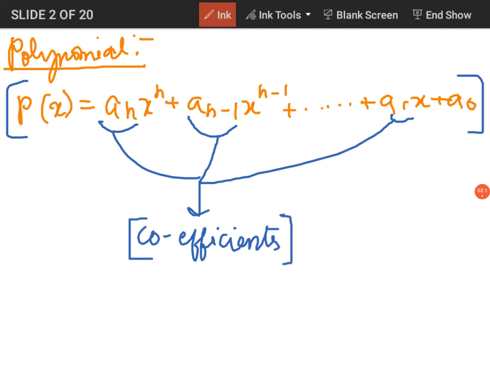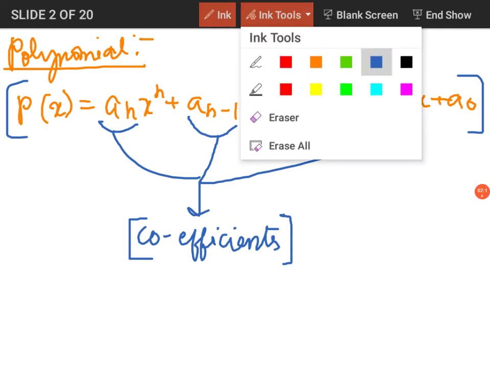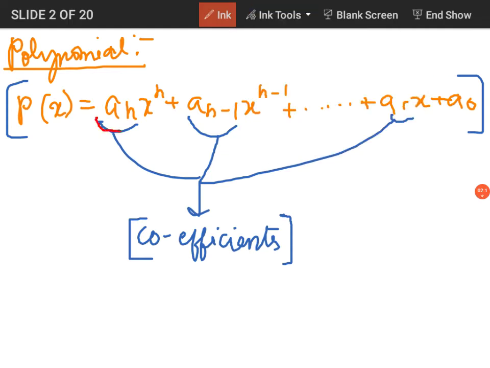So I hope that you understand what coefficients are now. And a very special thing, that this a_n is known as the leading coefficient. Now why, we will discuss in a while.